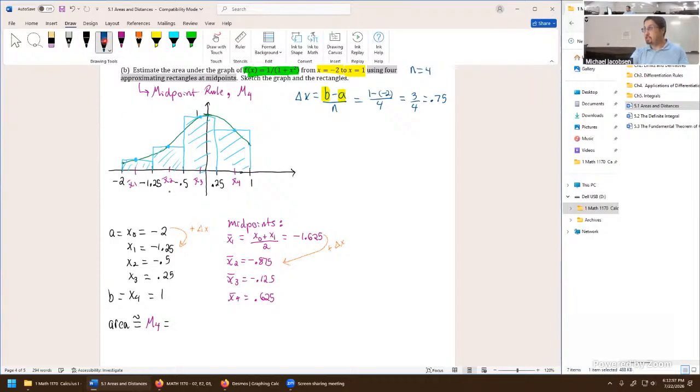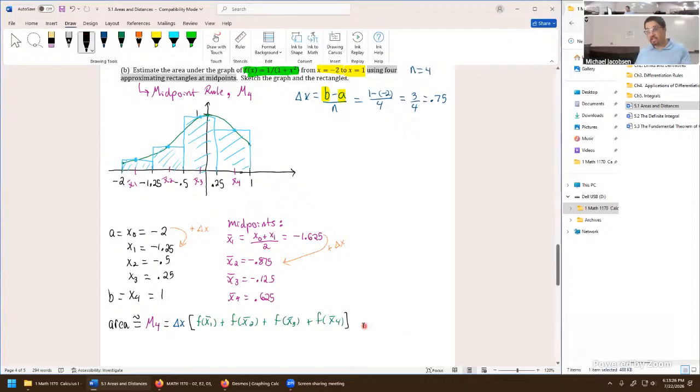M4 by formula is delta x multiplied by the group, switch colors, f at x bar 1 plus f at x bar 2 plus f at x bar 3 plus f at x bar 4. So there it is as a formula.